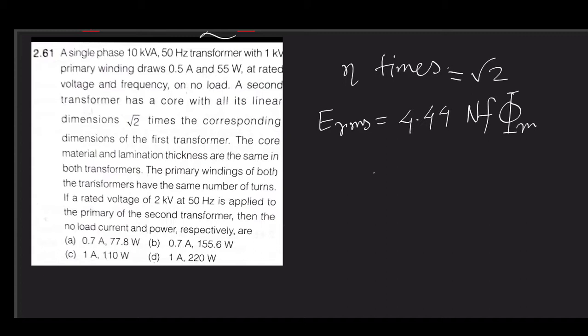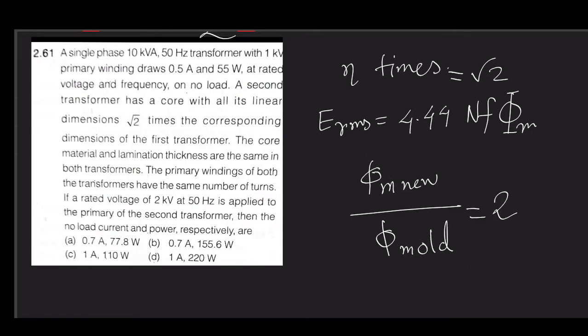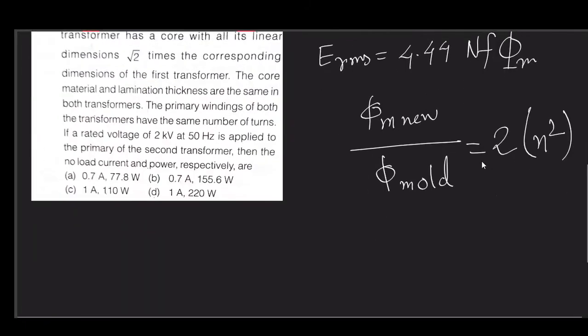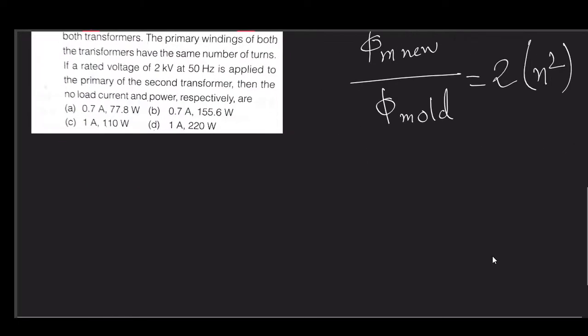So what we can write, or it is n square, because the cross sectional area is increased by a factor n square. However, we should not forget that flux. What is the expression of flux?